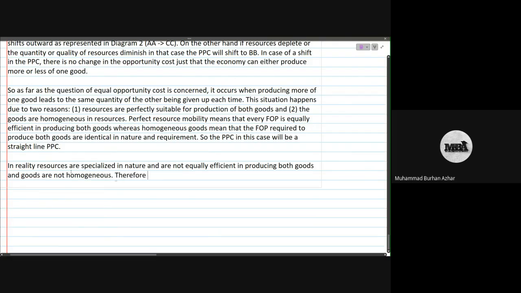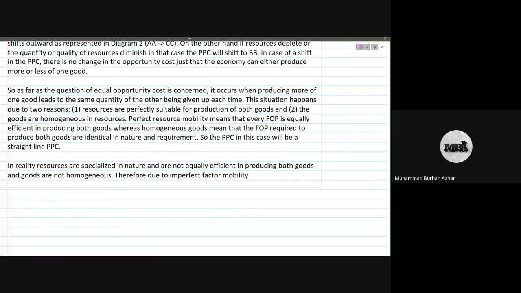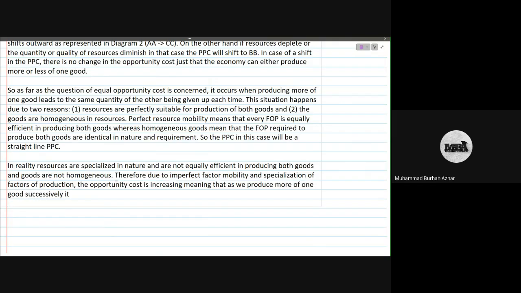Therefore, due to imperfect factor mobility and specialization of workers, so factors of production, the opportunity cost is increasing, meaning that as we produce more of one good successively, it will lead to more units being given up each time.